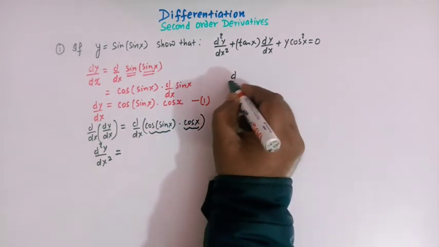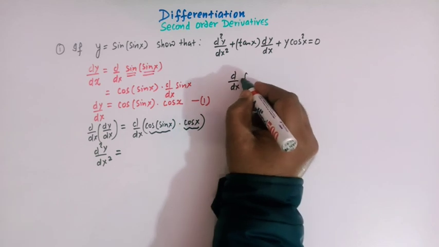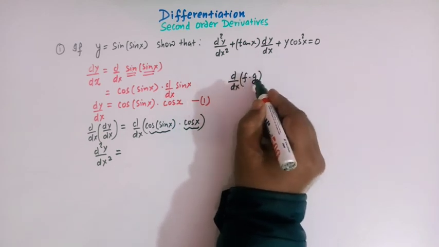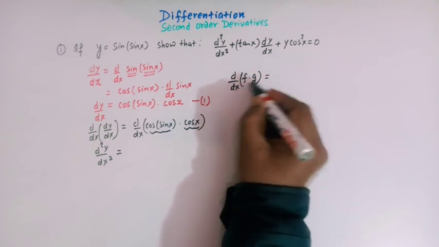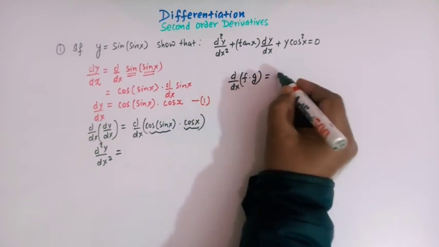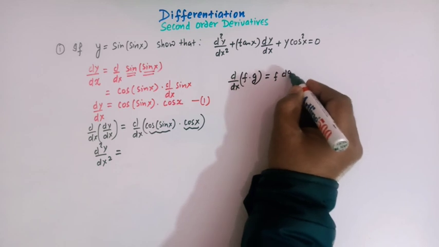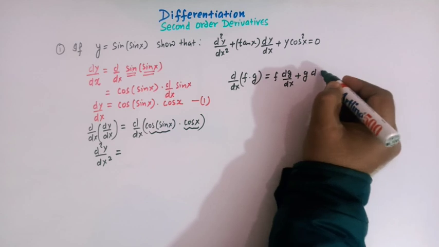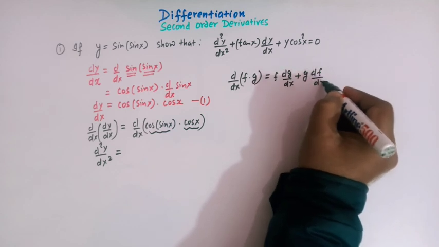The product rule goes like this: if we have two functions of x, f and g, then we take the first function times the derivative of the second one, plus the second function times the derivative of the first function.